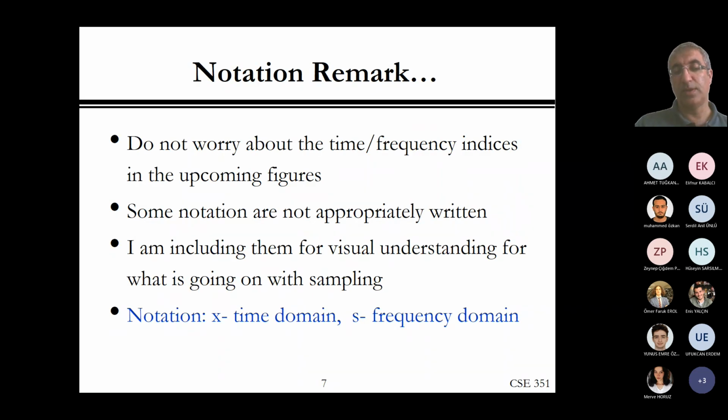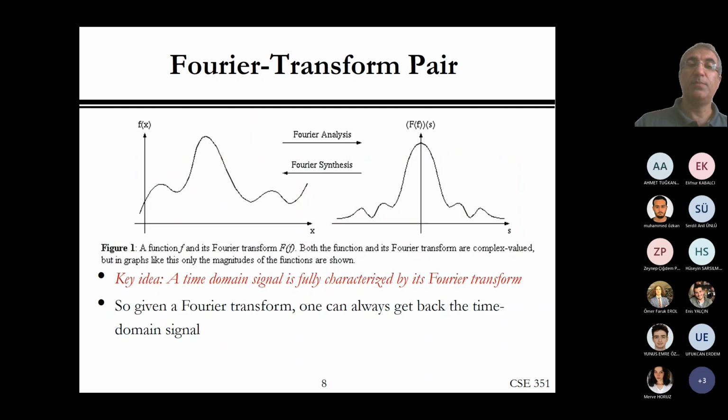So x corresponds to the time domain, s corresponds to the frequency domain. So let's remember the Fourier transform pair. And this is my f of x in time domain, means f of t. If I apply the Fourier transform, assume that it has this signal in the frequency domain, which is f of s.